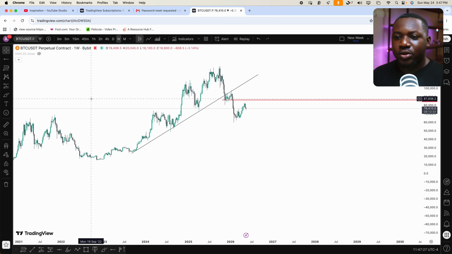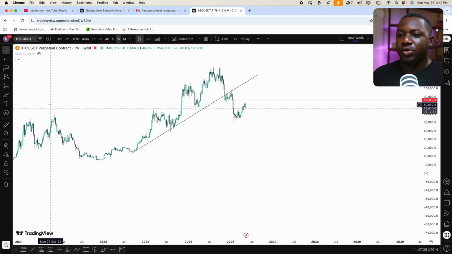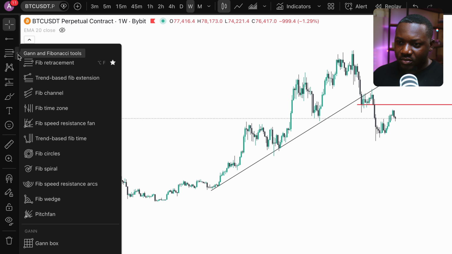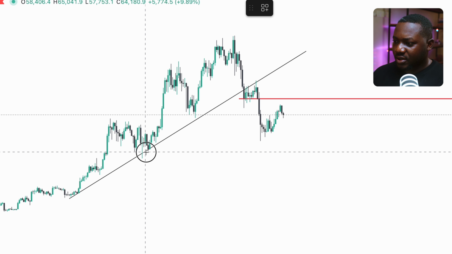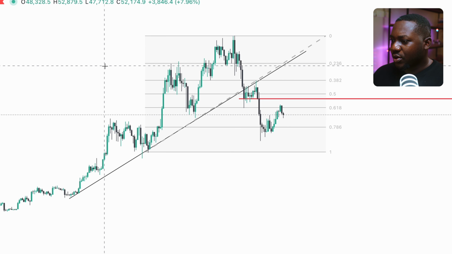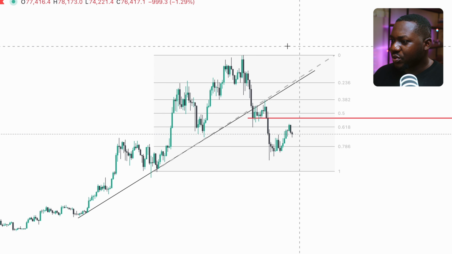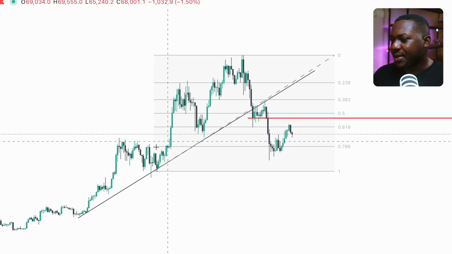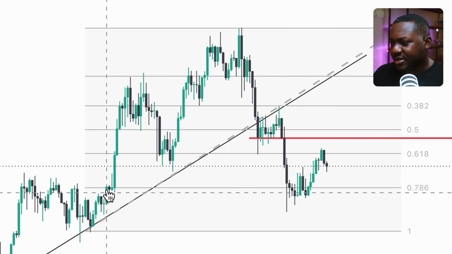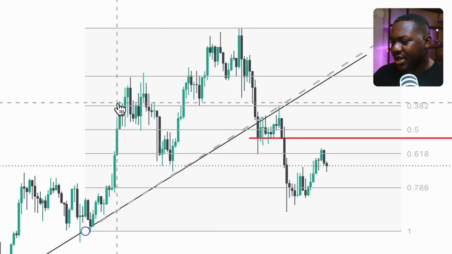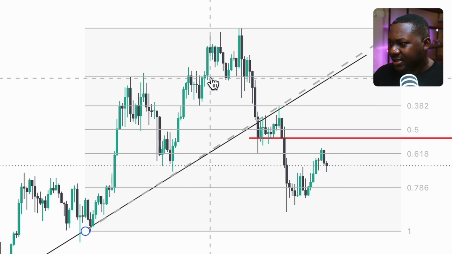Another thing you also have to know how to use is possibly the fib retracement tool. This one is really helpful. These Fibonacci numbers help you identify where the market is reacting. Here there's a reaction, here there's a reaction, here there's a reaction, and here there's a bit of reaction as well.